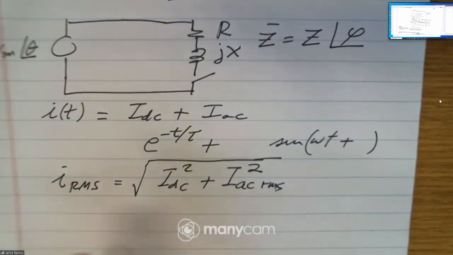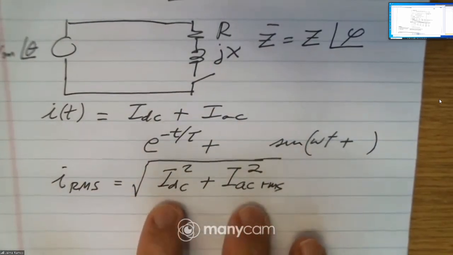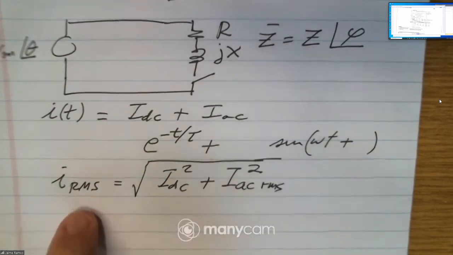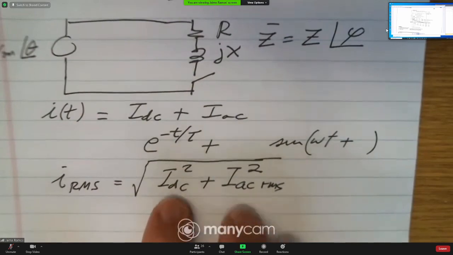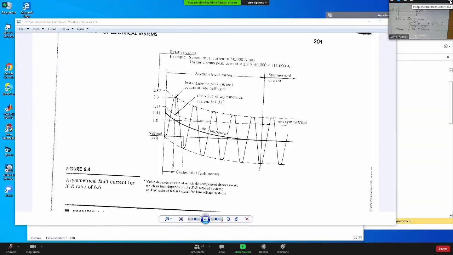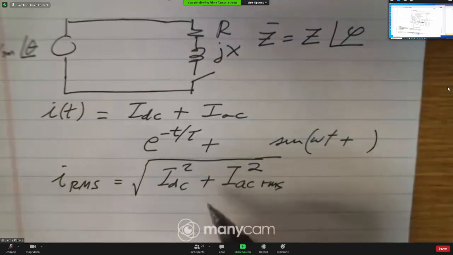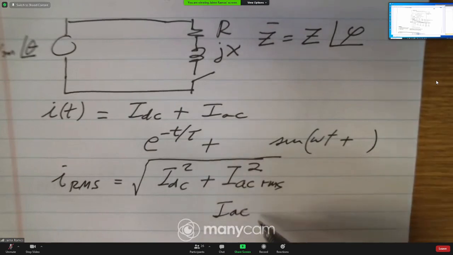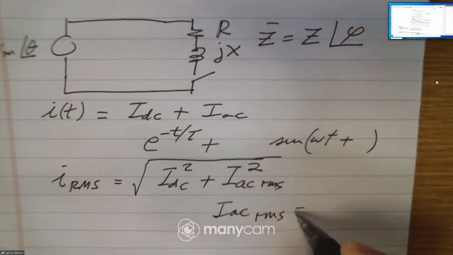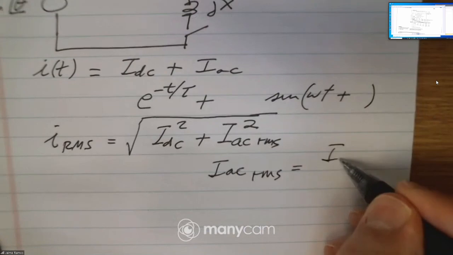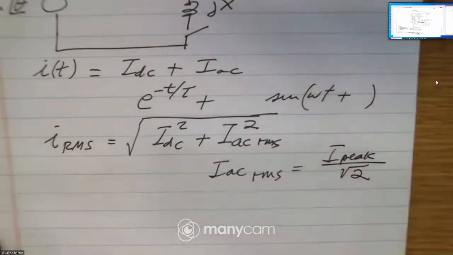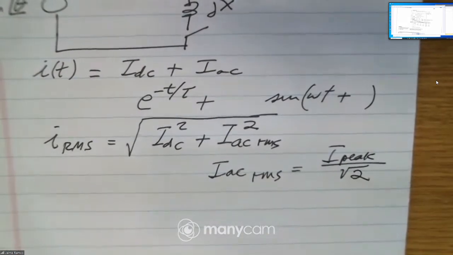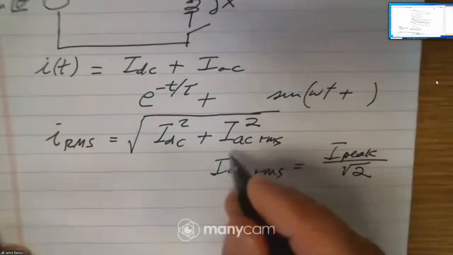So when we have two components of current, DC and AC, the RMS current is calculated in that way. I AC RMS, that we know how to calculate, is just I peak over the square root of 2, because this is the symmetric.